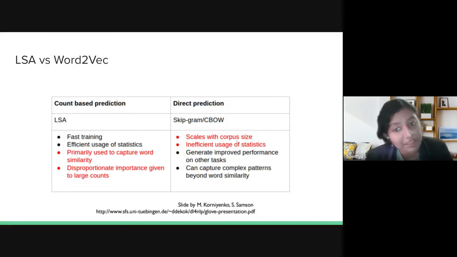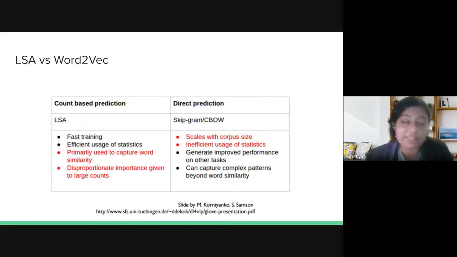We get better representations with a bigger corpus, but it takes more time to train as the corpus becomes bigger. LSA also reduces to a very small space, and it's quite precise. The skipgram and CBOW models, on the other hand, involve a lot of recalculations, and that way it is inefficient.